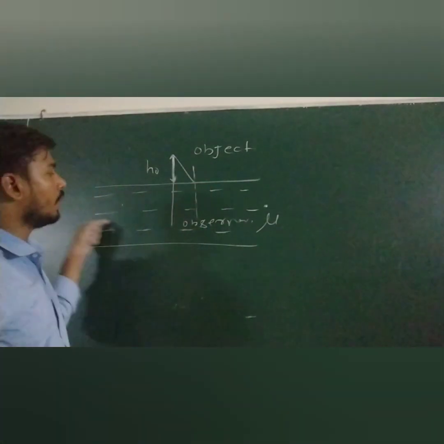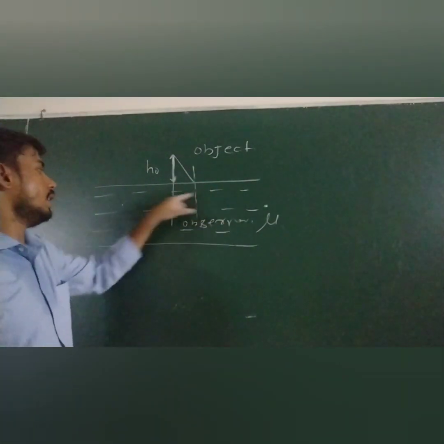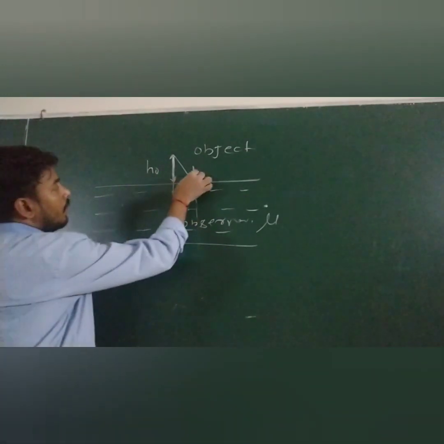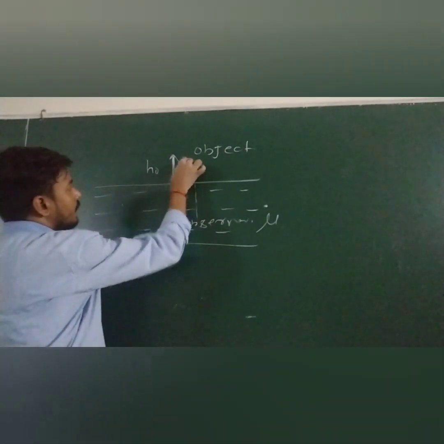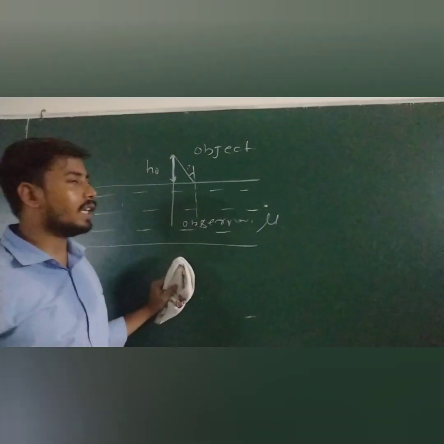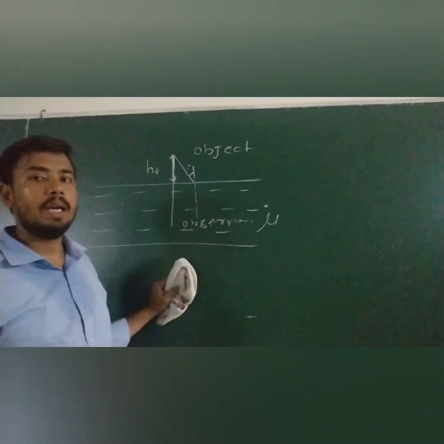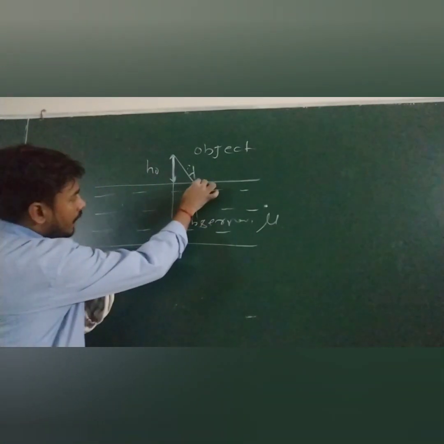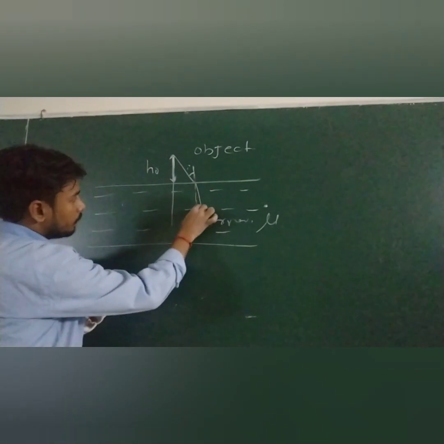I assume the observer is not fixed here; he is in the medium, present anywhere. So this light is coming like this, and this is the angle of incidence I. Now this light is going from rarer to denser, so definitely this light will bend like that.